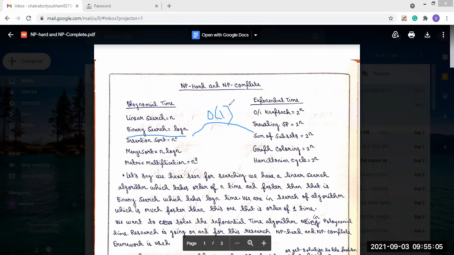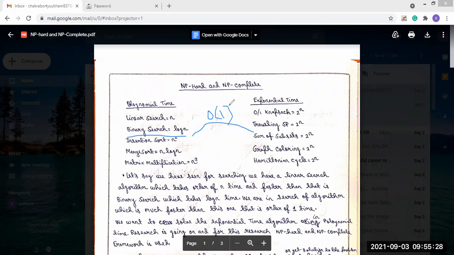This topic you may find difficult, but I am trying to explain it because it is research-based and not an algorithm. So please be careful.